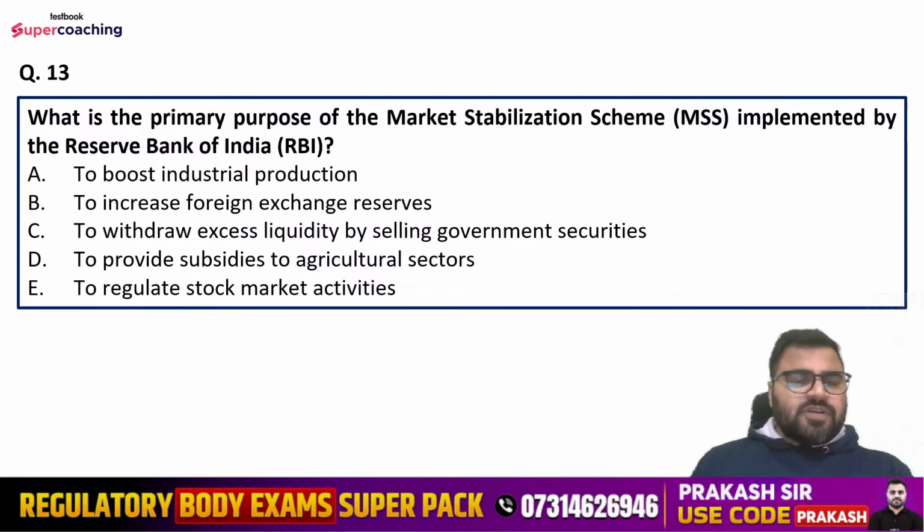Question number 13th is, what is the primary purpose of the market stabilization scheme implemented by the Reserve Bank of India? Options are to boost industrial production, to increase foreign exchange reserves, to withdraw excess liquidity by selling government securities, to provide subsidies to agricultural sectors, to regulate stock market activities. हाँ जी, बताइए गाइस, what is the right answer?